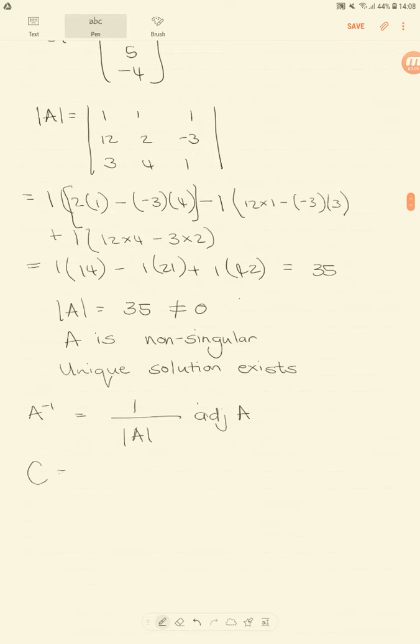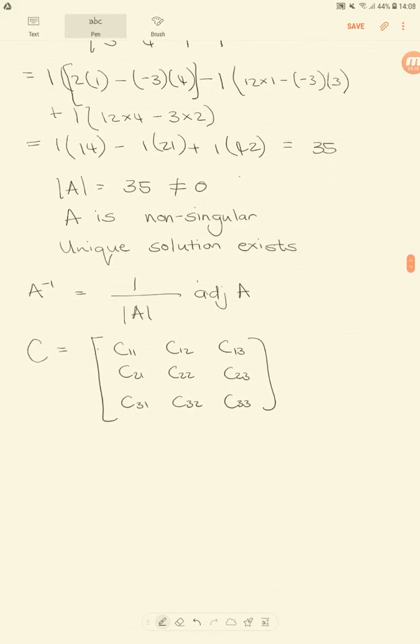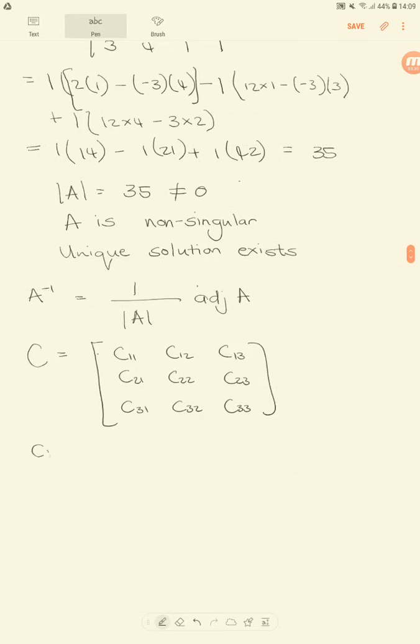For this, we need our matrix C, which is our matrix of cofactors. Therefore, we need C11, which is equal to minus 1 to the power of 2 times M11's determinant.